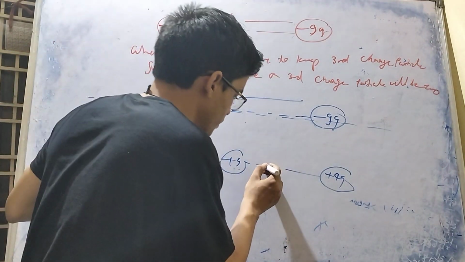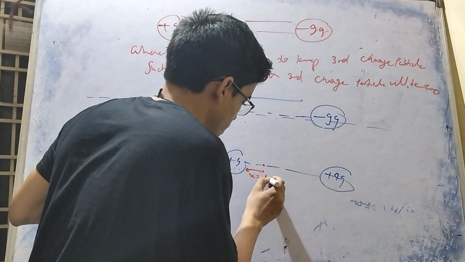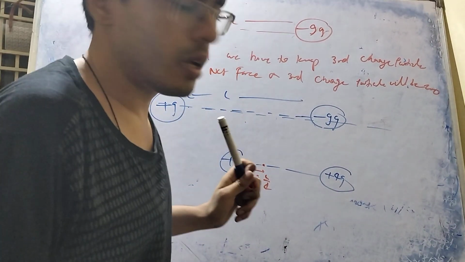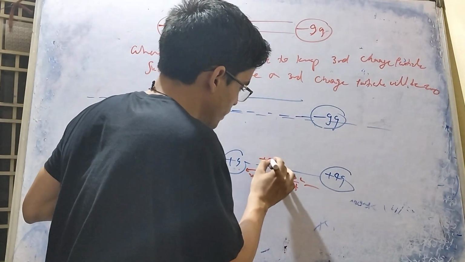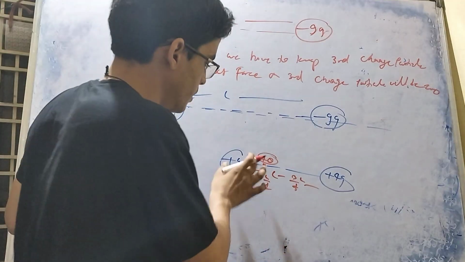Between means here x, I think this will be L by 4, no? And this will be your 3L by 4. So here you can put that third charge such that force will be 0.